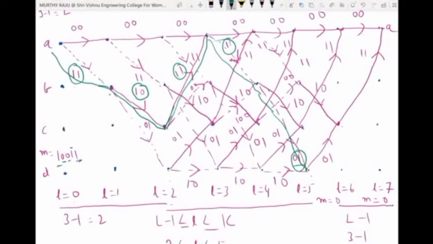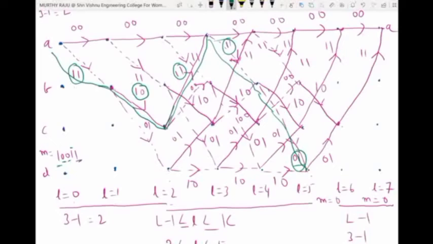You are in B state. Next 0. 0 means solid line. That means 1 0. You are in C. Next input bit is 0.